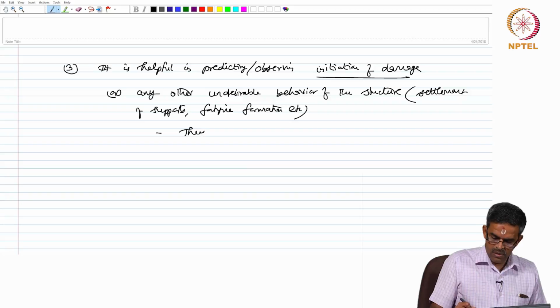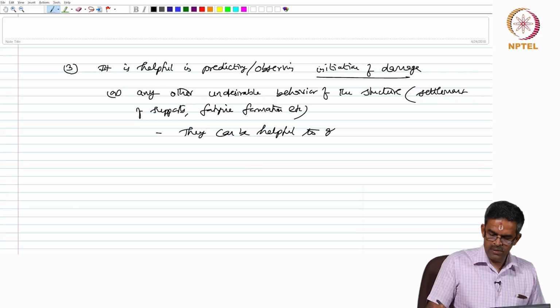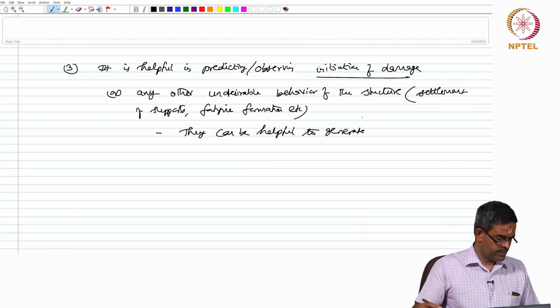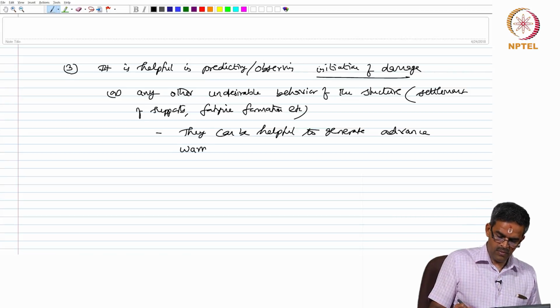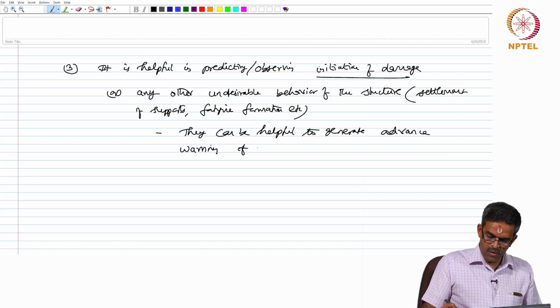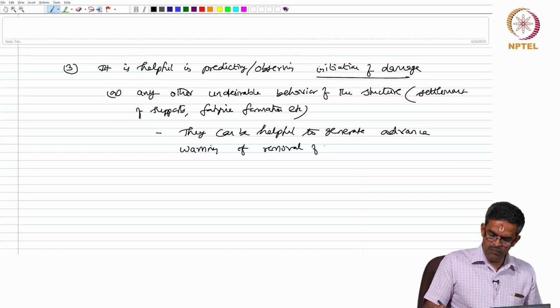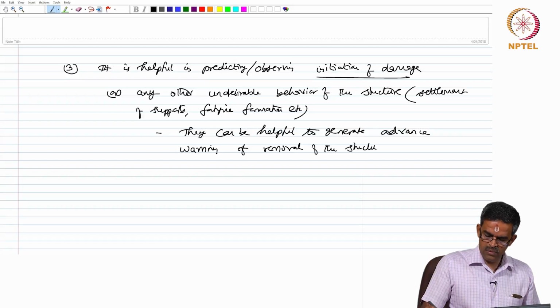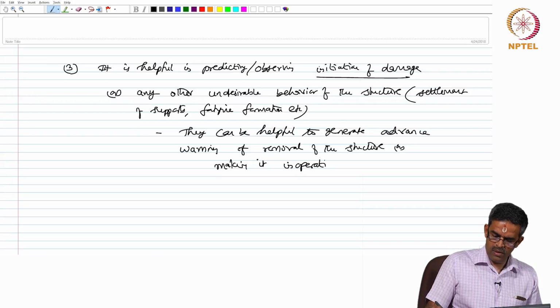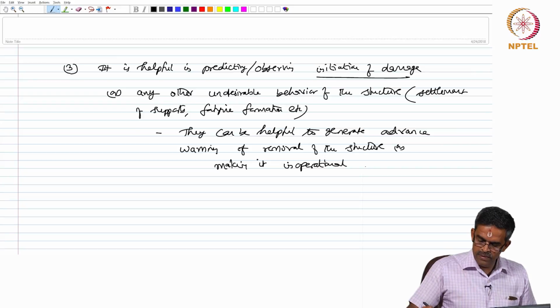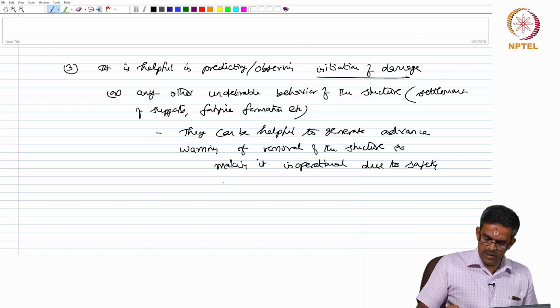Therefore, they can be helpful to generate advance warning of removal of the structure or making it inoperational due to safety regulations.